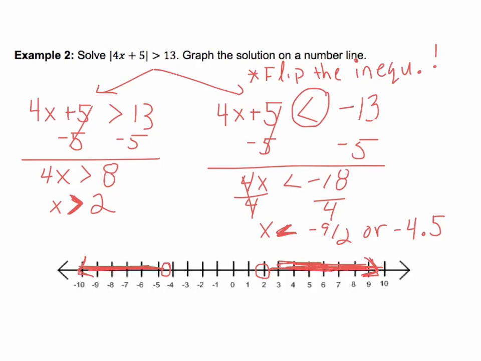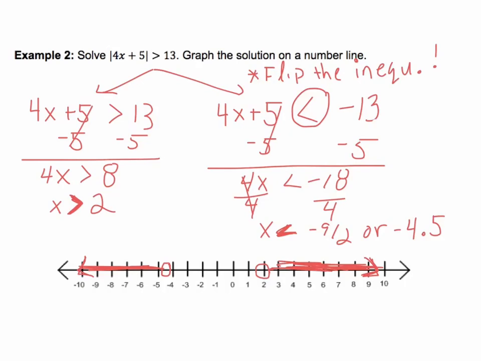This actually helps me figure out how best to write my answer. And what you're going to notice on your worksheet for tonight is that there's 2 ways to write an answer. So I just need to teach you what the 2 different ways we can write our answer are. Well, what I see here is that x could be greater than 2, and that's a shaded region of my graph.